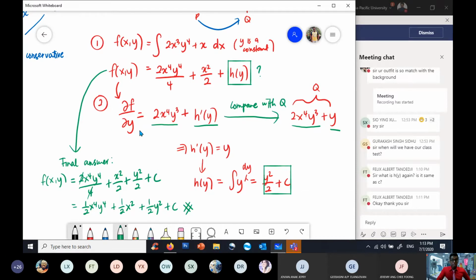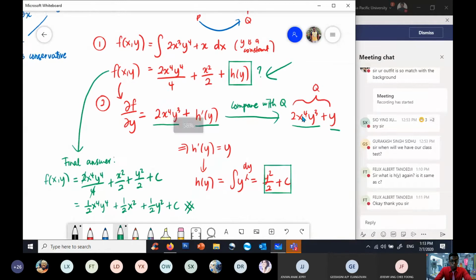You differentiate with respect to the opposite variable, compare it with the other component, and then you will get your h prime. From your h prime, integrate, you will get your h. Once you get the h, just put it back into here and write your final answer. Okay, it's a bit long, I know, but it's a standard procedure. No matter what function is given to you, this procedure is going to remain the same.